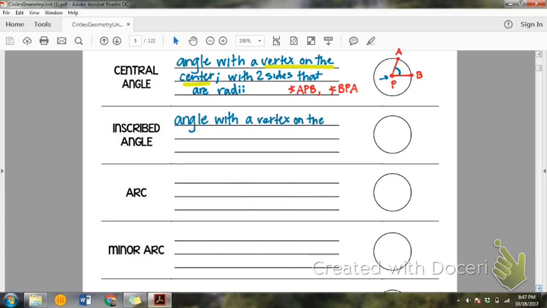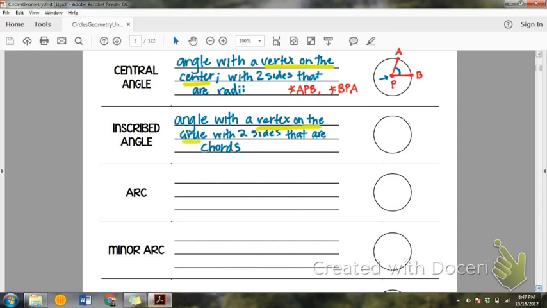It is on the circle with two sides that are chords. So the key thing here is that the vertex is on the circle with two sides that are chords.